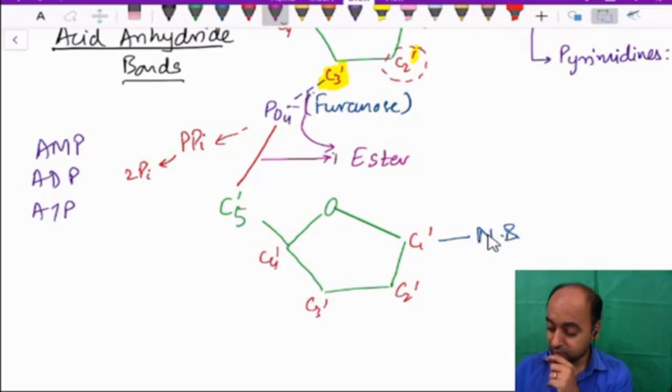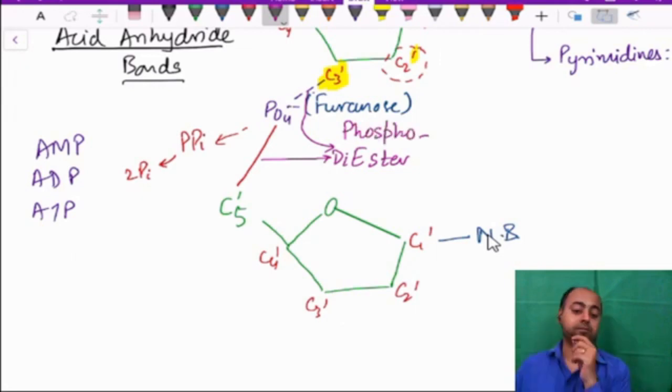Therefore, what we are getting is actually a diester bond. And because the phosphate is the bridge, we call it the phosphodiester bond. So the bond between the two sugars of the different nucleotides is known as the phosphodiester bond.